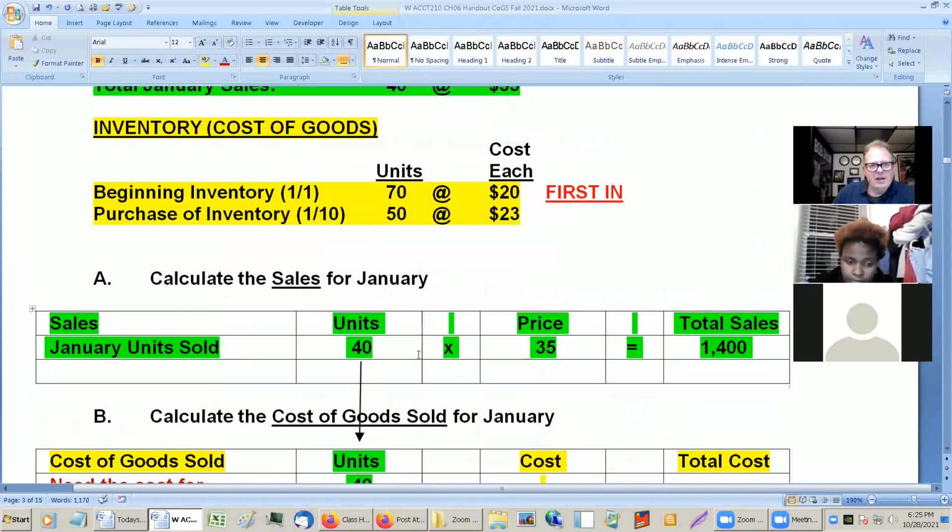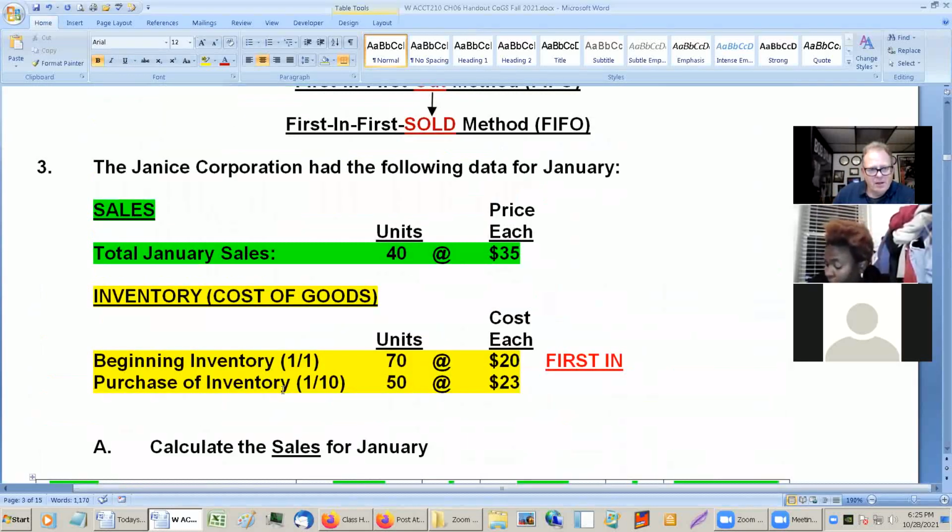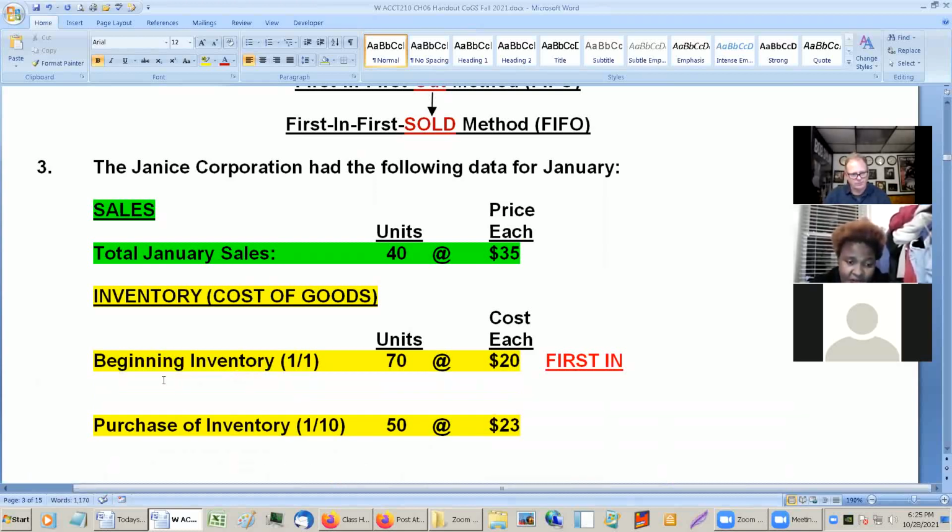Okay, now coming to the ending inventory. So this first one, let's take a look here. We sold 40.